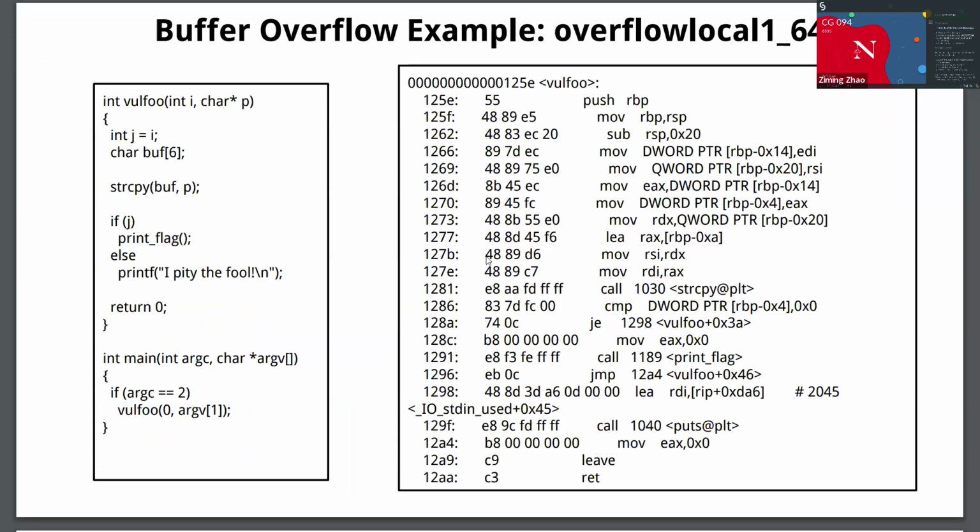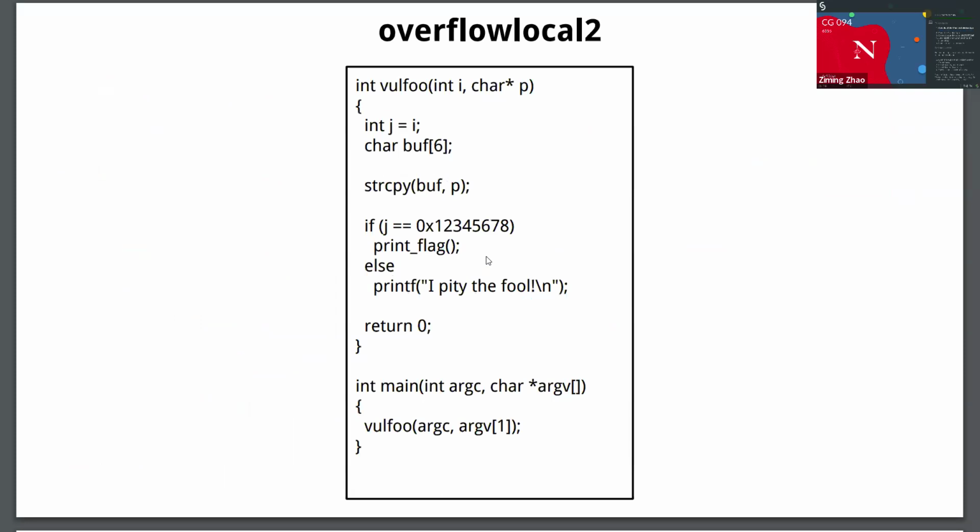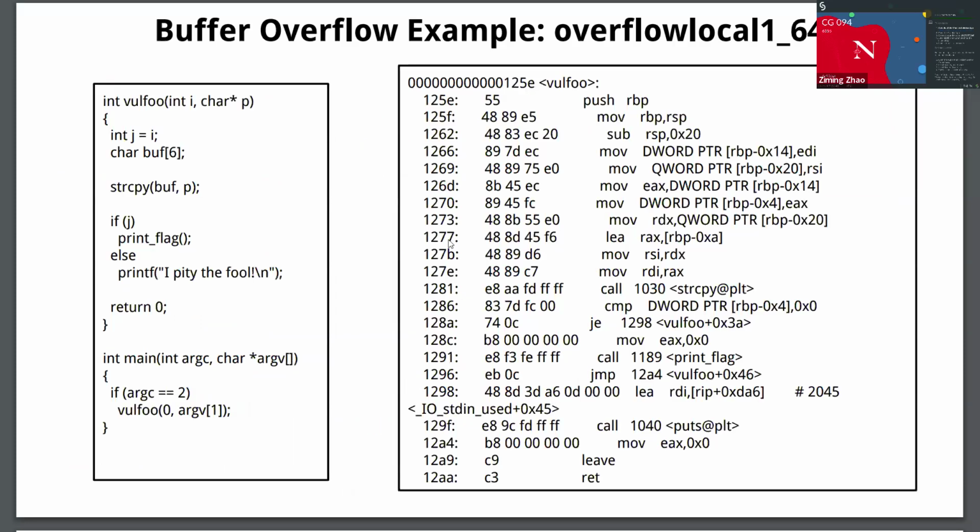Okay, so then let's look at the 64-bit version of the same program. It's actually very similar. This is Overflow. The very first instruction is push RBP, then move RSP to RBP. That's the same thing.